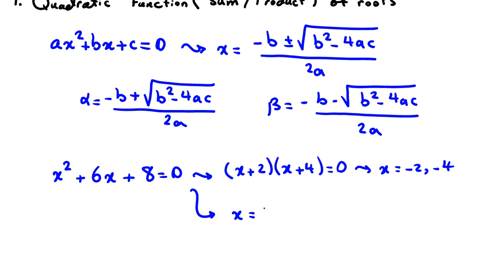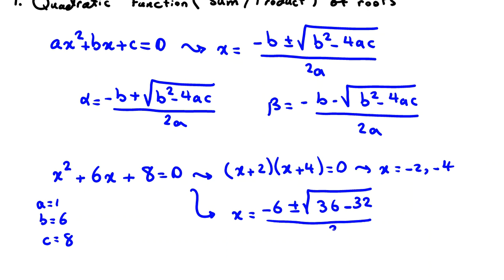x is negative b, negative 6, plus or minus root of b squared, 6 squared, 36, minus 4ac. A is 1 here, the coefficient of x squared; b is 6, c is 8. So b squared minus 4ac is 36 minus 32, which is 4, over 2a.